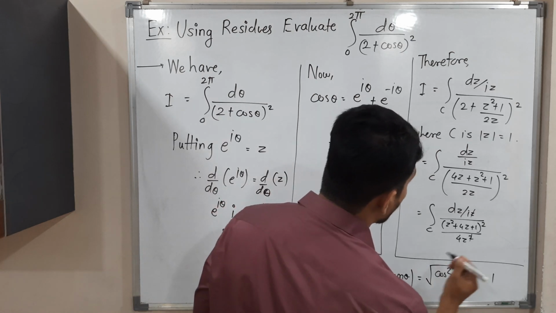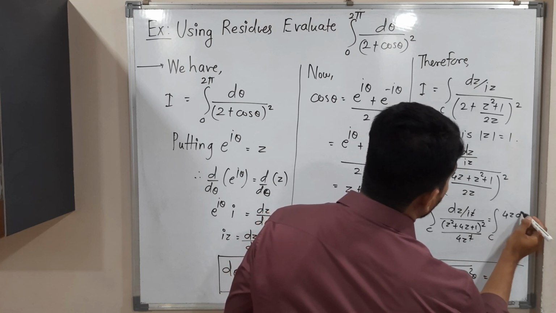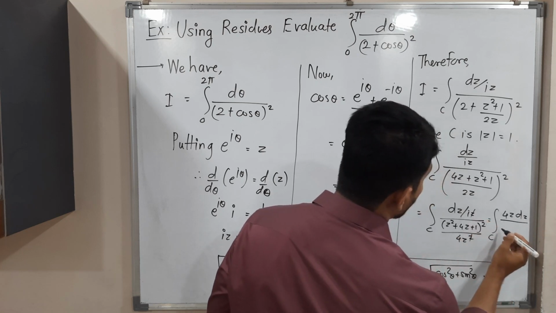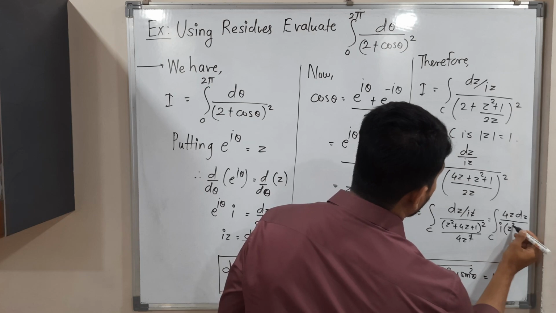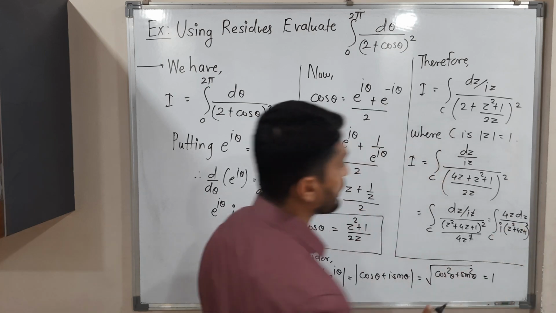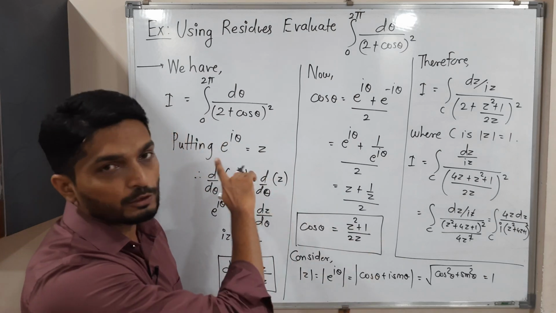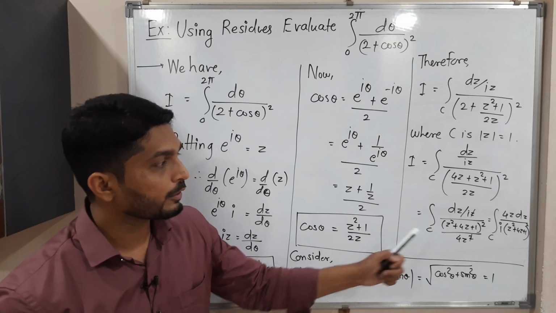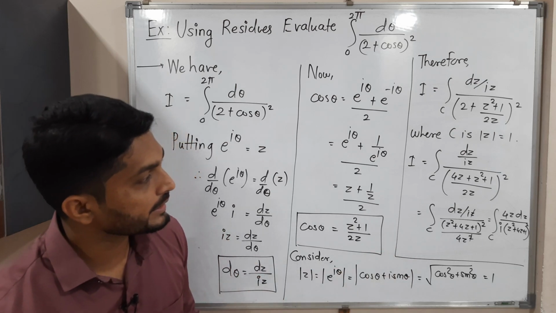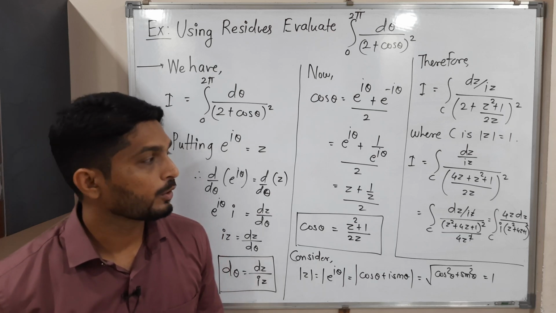So let me write here. This is equal to integration over c, 4z dz, this i is also in the denominator, (z square plus 4z plus 1) whole square. I hope it is visible to you, otherwise I am going to write the same function here. But finally we got that integral, which is 4z dz upon i times (z square plus 4z plus 1) whole square.